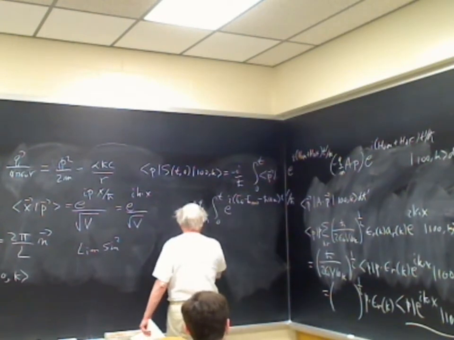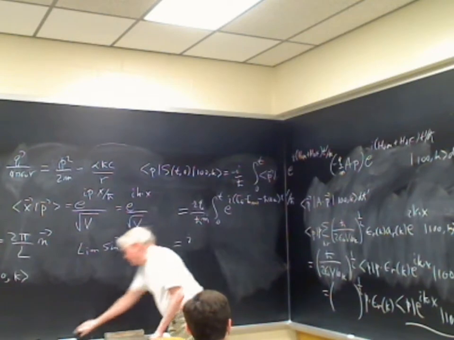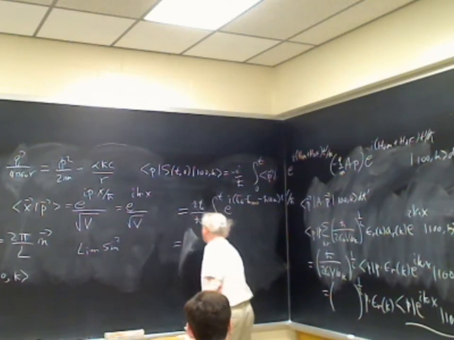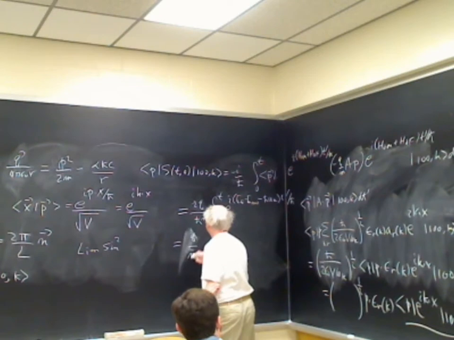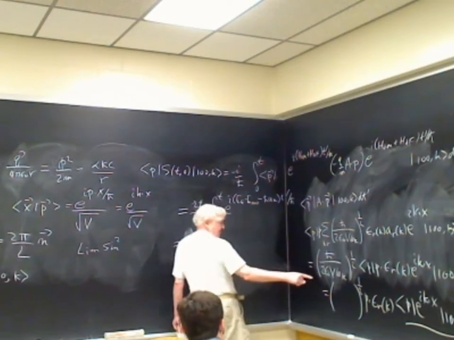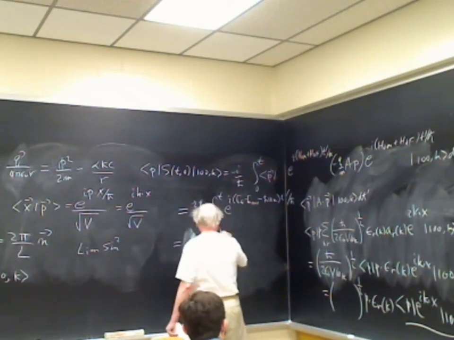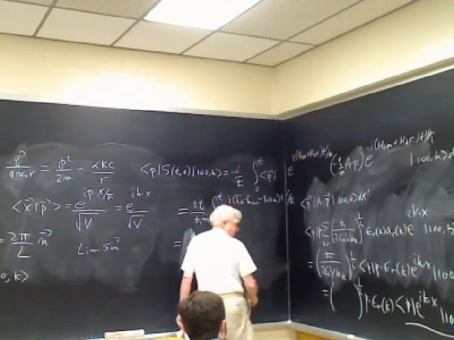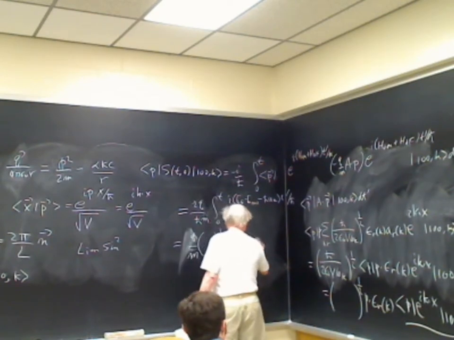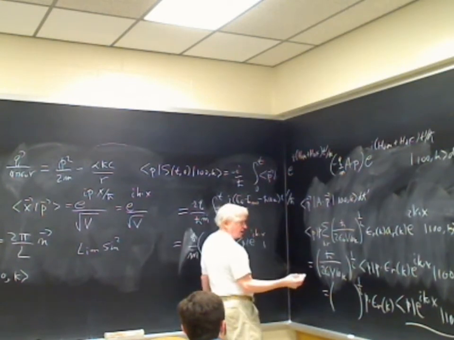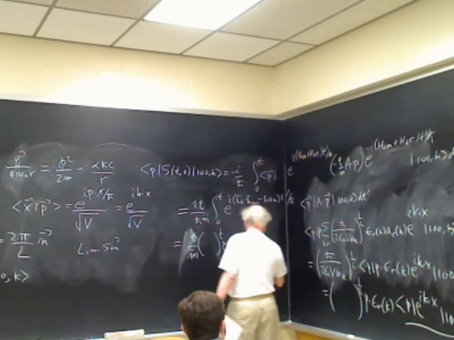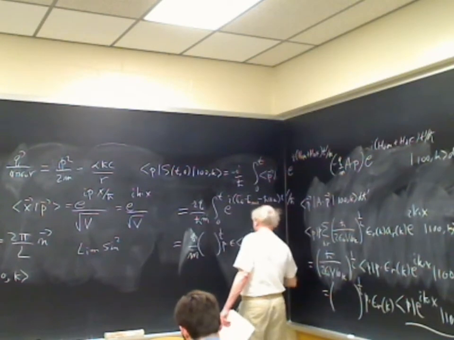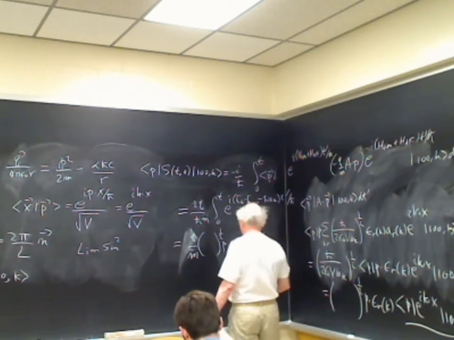The i over h bar is going to cancel, so we're going to have just q over m, this huge square root, p dot epsilon, the matrix element p e^{ik·x} 1,0,0, times this integral.